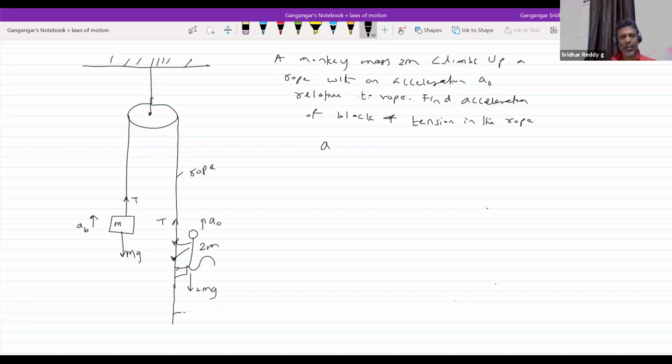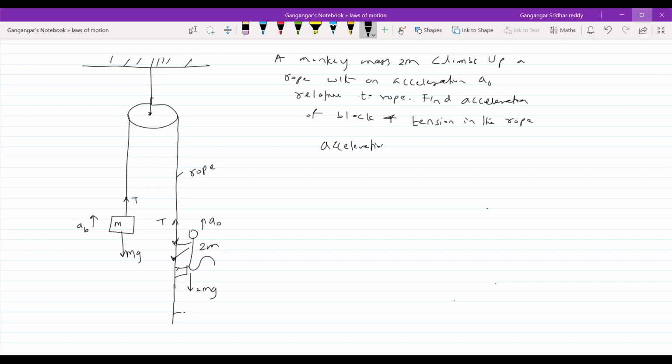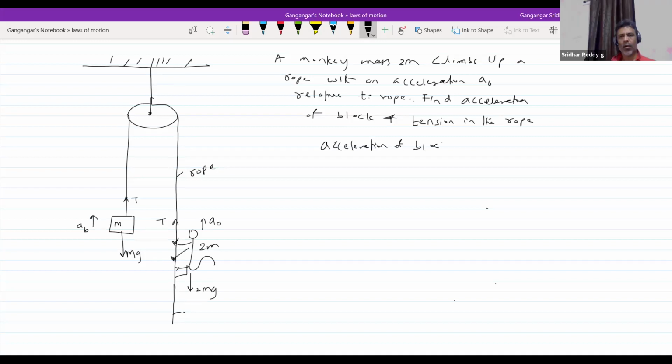Now, what is AB? Acceleration of the block. Even the rope will have acceleration. So is acceleration of rope equal to acceleration of block? Yes, sir. Acceleration of block is equal to acceleration of rope. Okay, that's fine. So we are going to take help of that condition here.